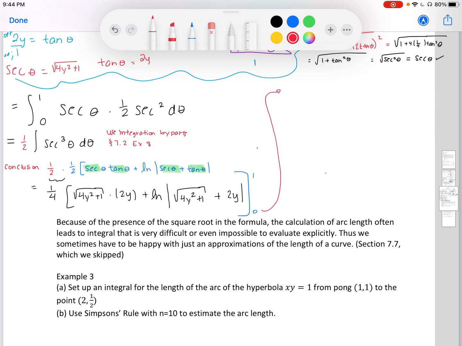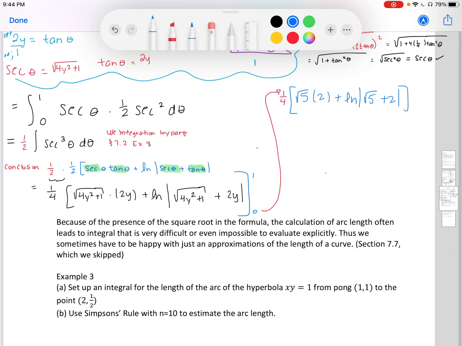Okay, let's work this out. When we plug in 1, we get the square root of 5 times 2, plus the ln of the square root of 5 plus 2.